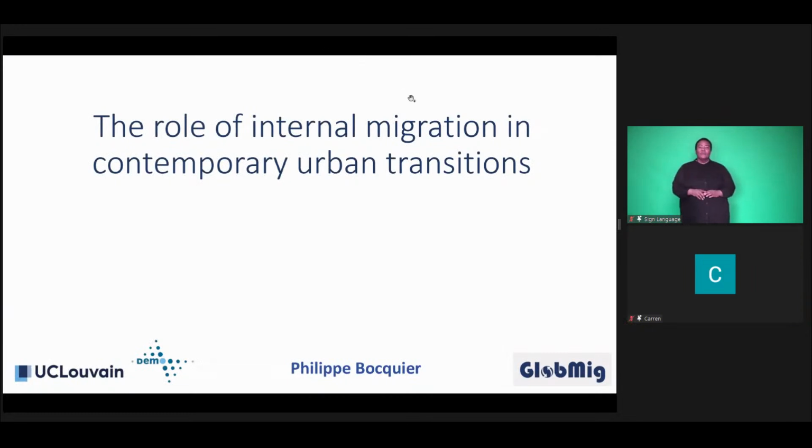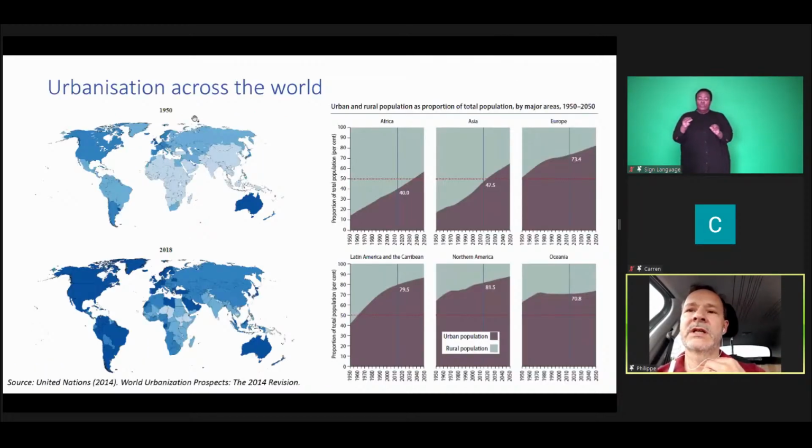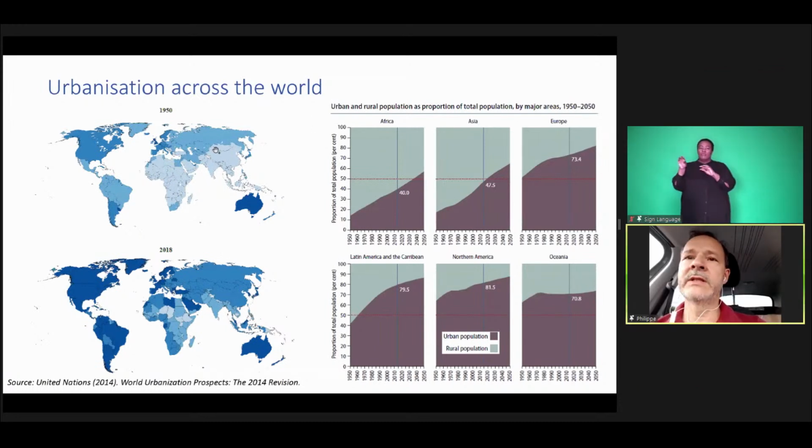So I'm going to talk about the role of international migration in contemporary urban transitions, using both indirect and direct methods to estimate this contribution of migration to urbanization. Here you have a slide showing the tremendous evolution of urbanization over the last 70 years or so, on the maps and also on the graphs on the right.